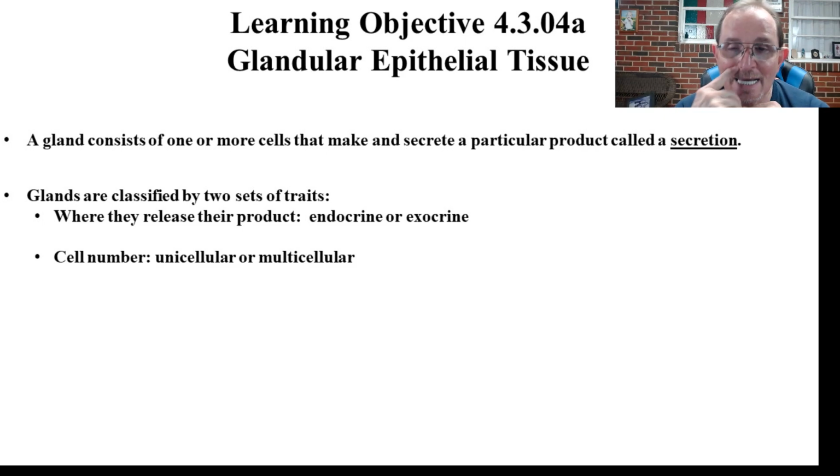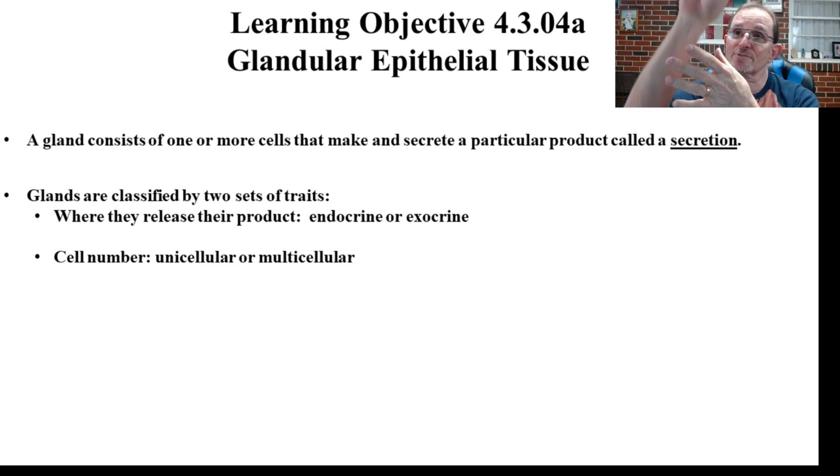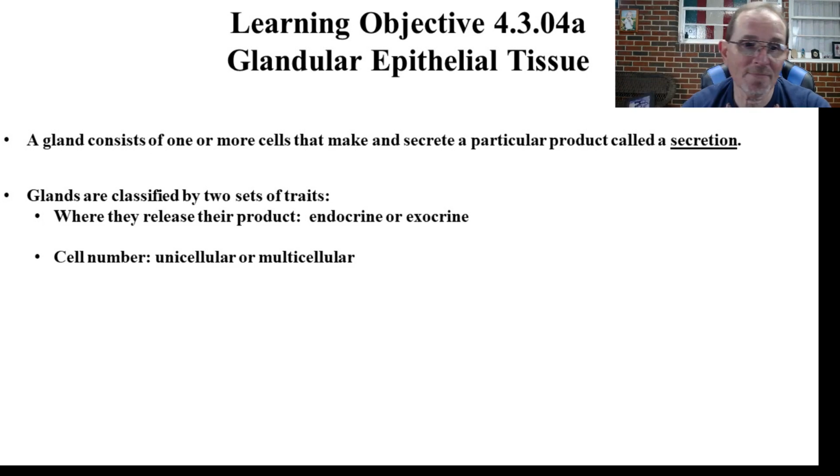Now that's endocrine. Those are also called ductless. Has no ducts, D-U-C-T. In other words, it doesn't have a channel that the product goes through. Now the exocrine glands all have a tube leading from the cell, and the product goes through the tube to where it's going.